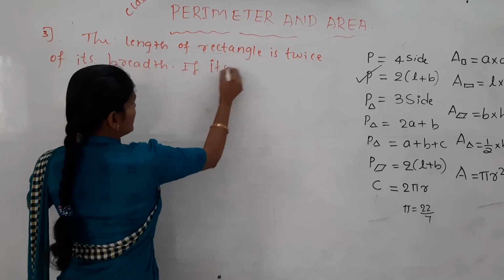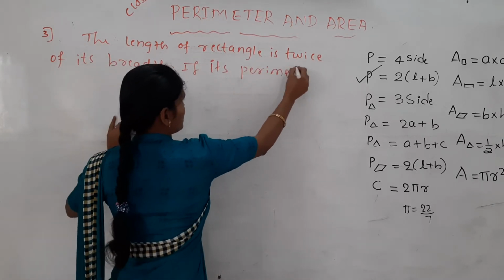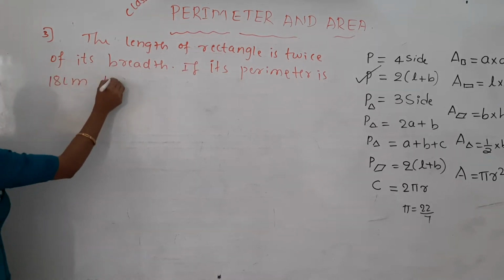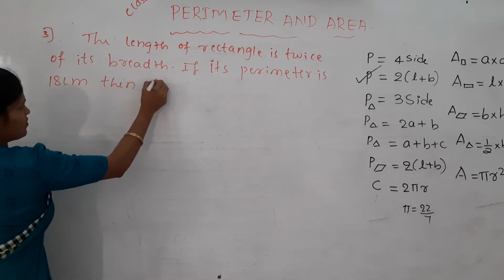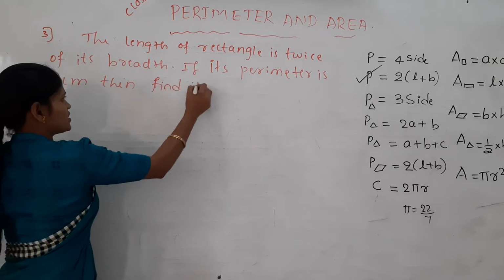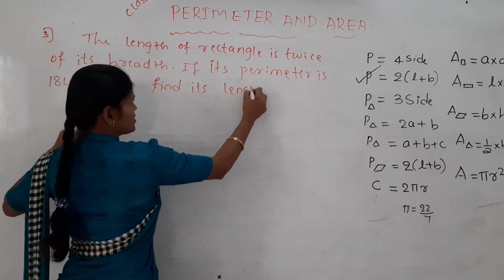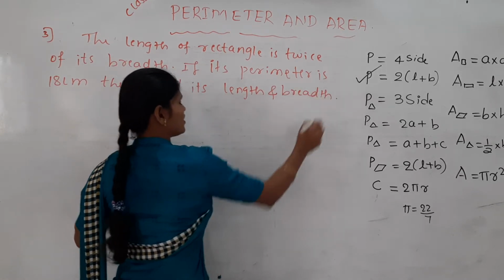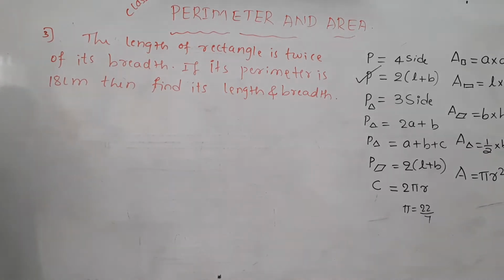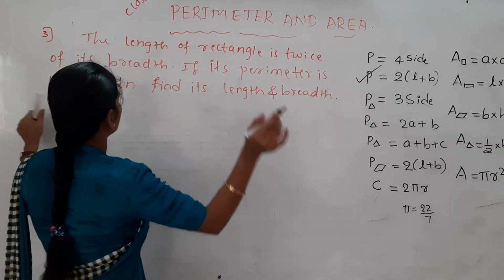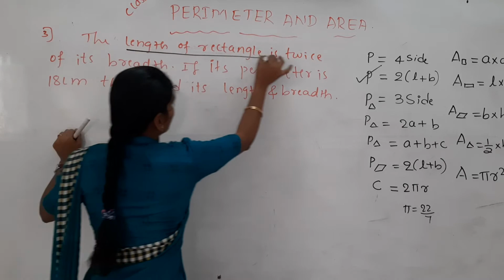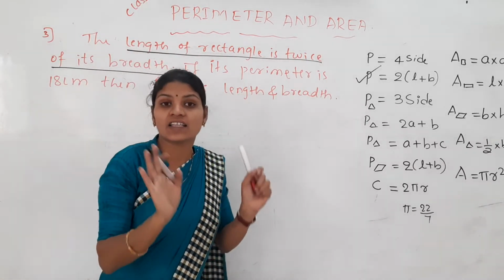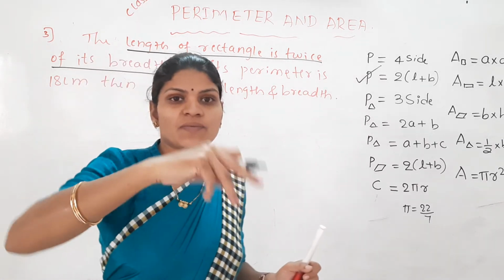If its perimeter is 18 centimeter, then find its length as well as breadth. Here he has given only the perimeter, so how do we find the length and breadth? But he has given one relation, and it is very important: length is equal to 2 times its breadth.